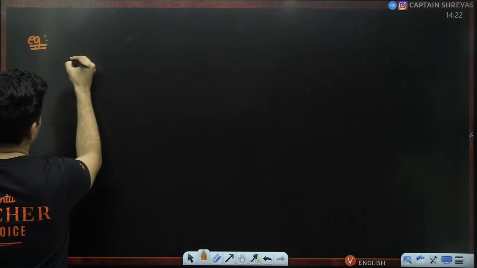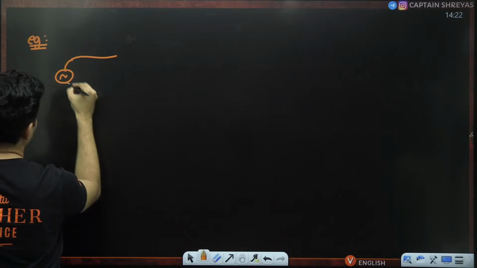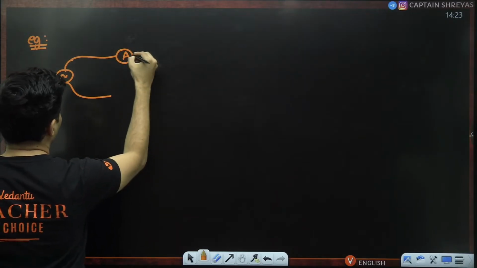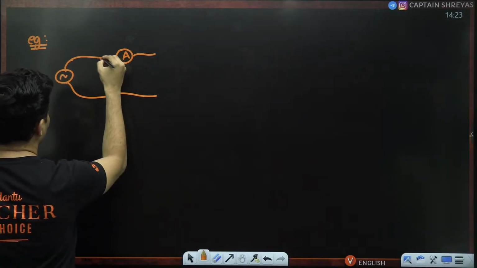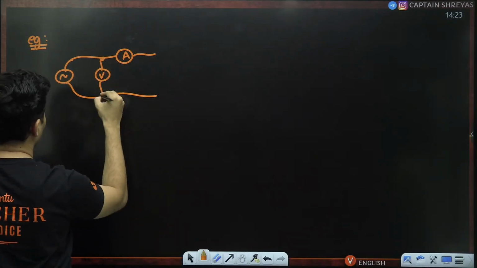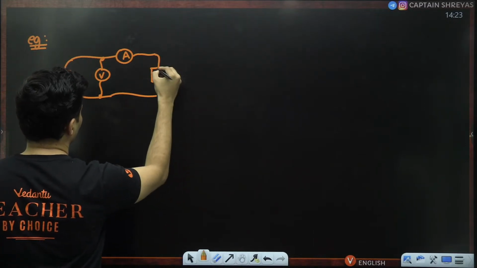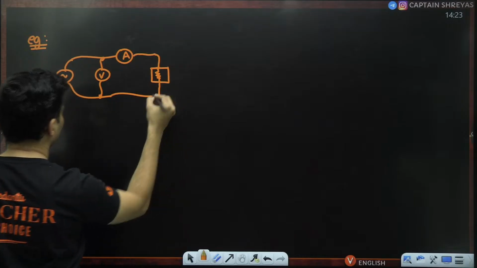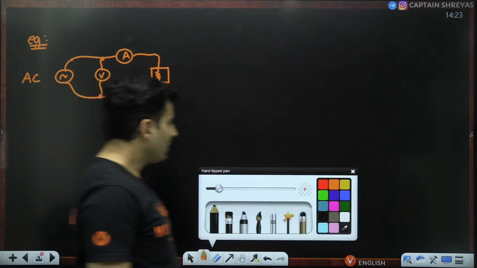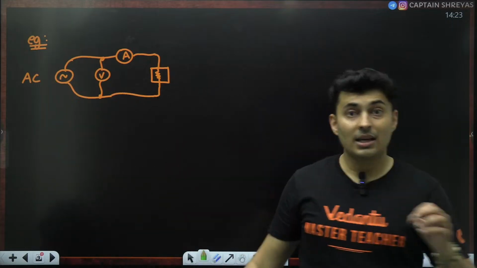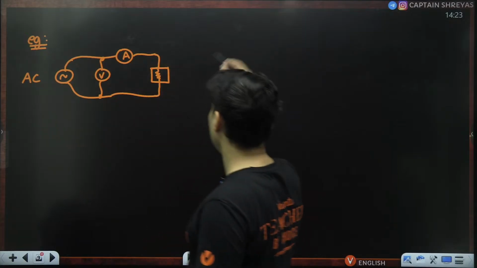Imagine you have an alternating source over here and you are having an ammeter, and maybe you are also connecting a voltmeter over here, and maybe this is connected to some kind of device like this. This is an alternating current. If you use a DC voltmeter or ammeter, what do I mean by that?